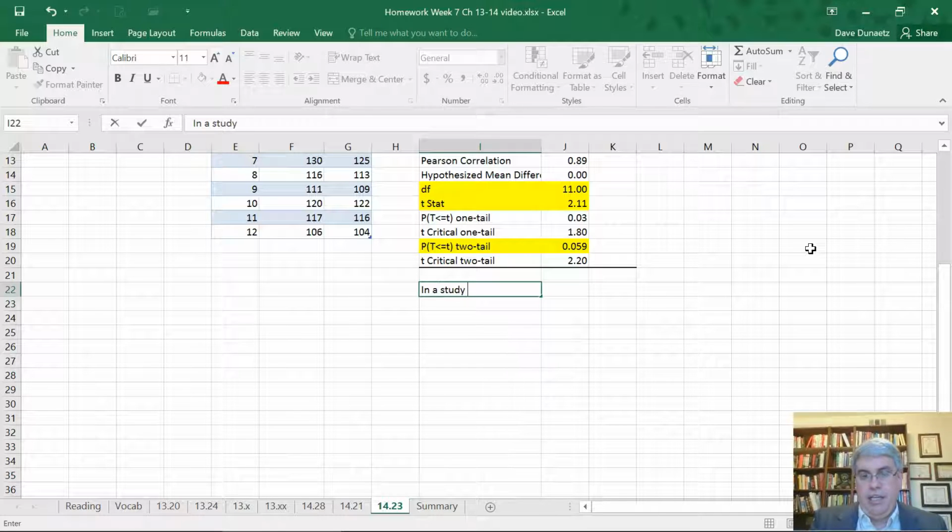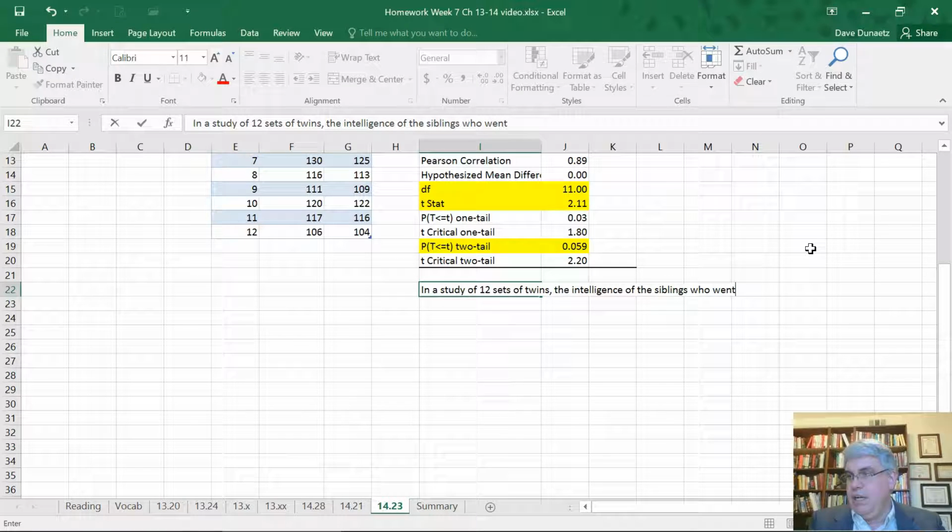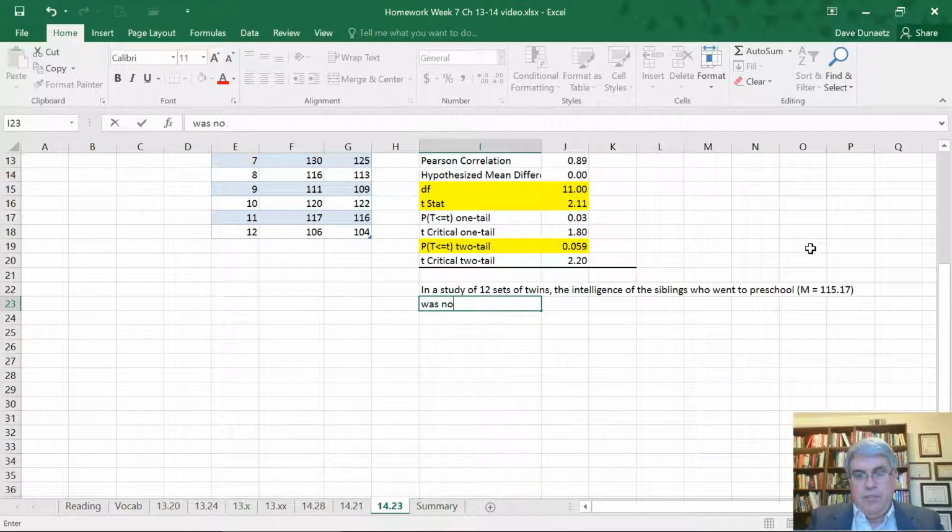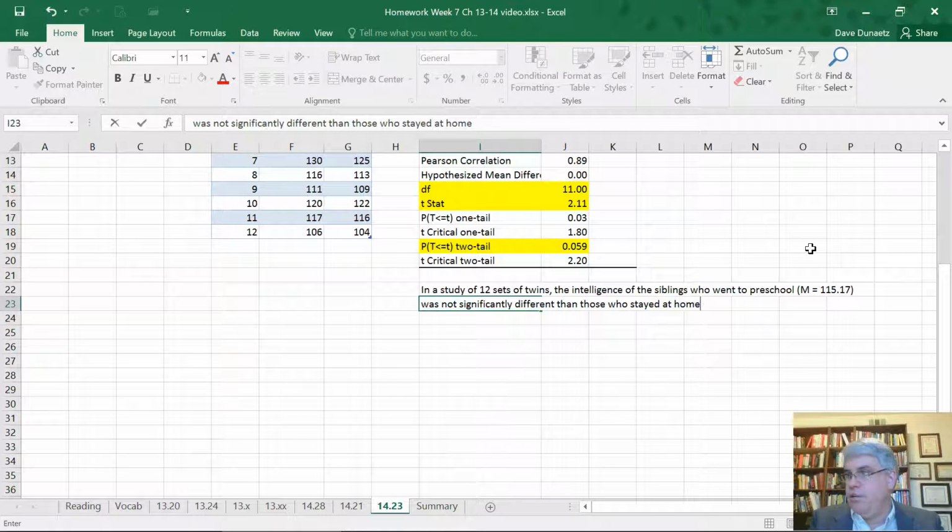In a study of 12 sets of twins, the intelligence of the siblings who went to preschool, that was M equals 115.17, was not significantly different than those who stayed at home.